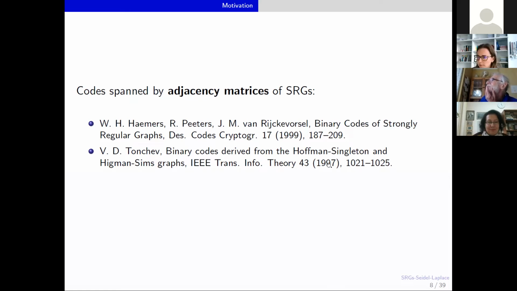In 1997, Tonchev, in his paper, was investigating binary codes derived from the Hoffman-Singleton and Higman-Sims graphs, while Haemers, Peeters, and van Rijckevorsel, in this work in 1999, were interested in binary codes of some strongly regular graphs. But they were using just normal adjacency matrices of strongly regular graphs.